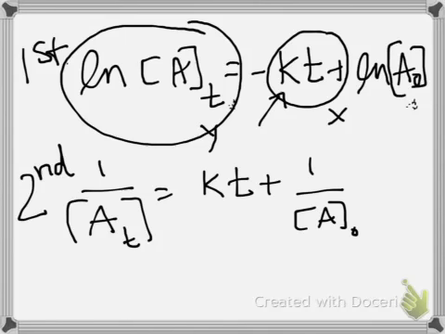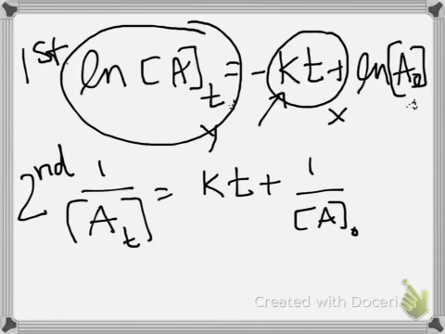That should be a linear equation. Do you see how y could equal the natural log of concentration of A at a given time, equals m, that's the rate constant, t, that's the x variable, plus the natural log of A at 0, at the start of the reaction? That's equal to b. y equals mx plus b.